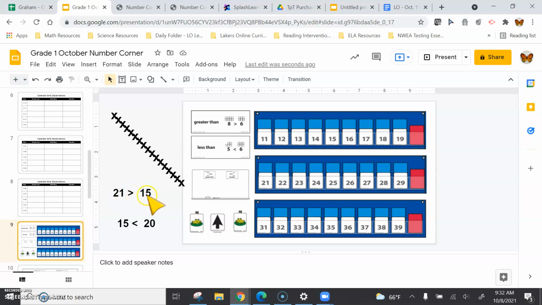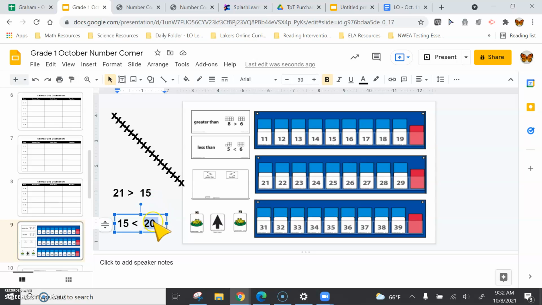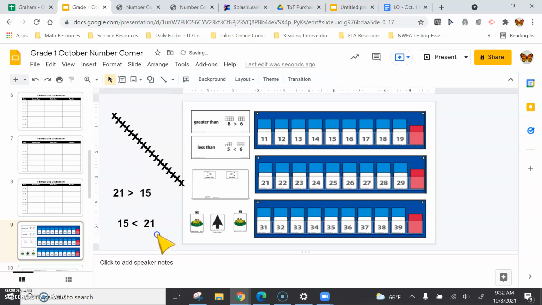So if 21 is greater than 15, I can use my big, super strong math muscles and think about, so that means 15 is smaller than 21. And that means that I could say that the number 15 is smaller than or less than, there's that sideways L, less than 21.